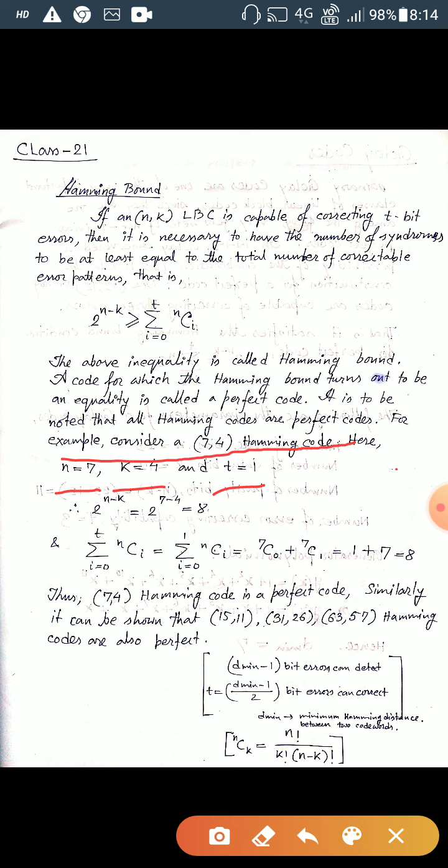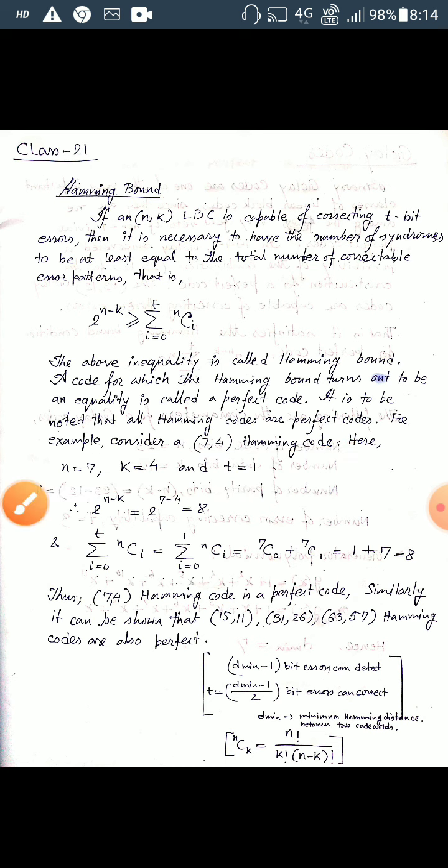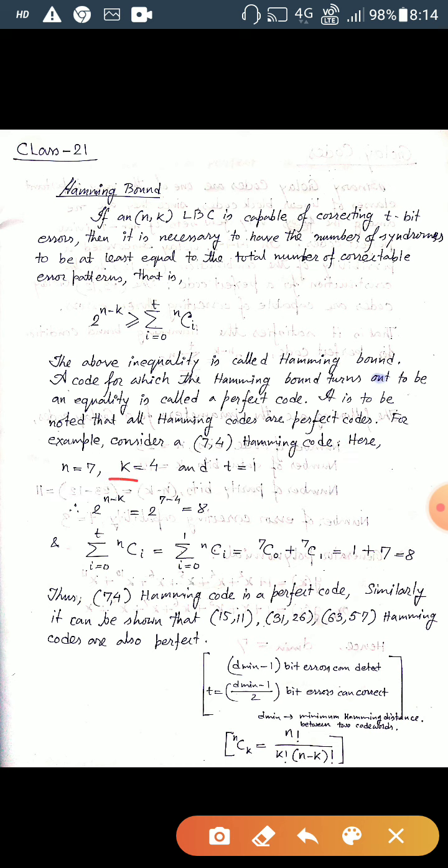Then 2 to the power of n minus k equals 2 to the power of 7 minus 4, which is equal to 8. So you get this value. Now we are interested in identifying the inequality in the Hamming bound. First you have to calculate 2 to the power of n minus k.